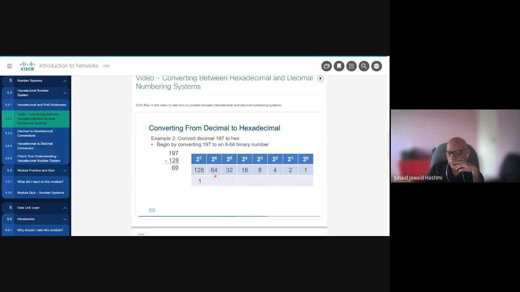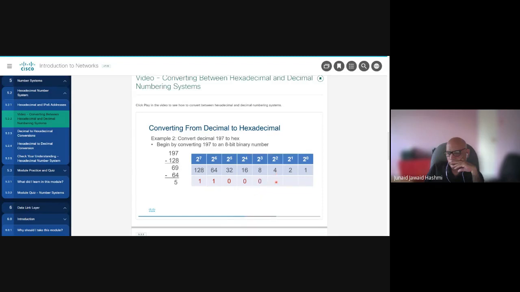I can subtract 64 from 69, so I'll place a 1 under that and subtract it. That gives me 5. 32 is too big, so I'll place a 0 under that. 16 is also too big, so that gets a 0. 8 is also too big.